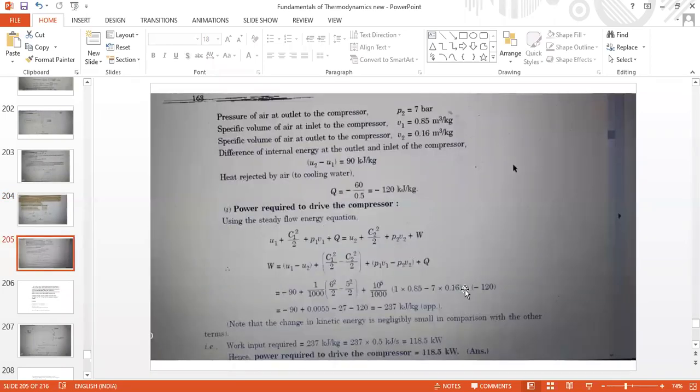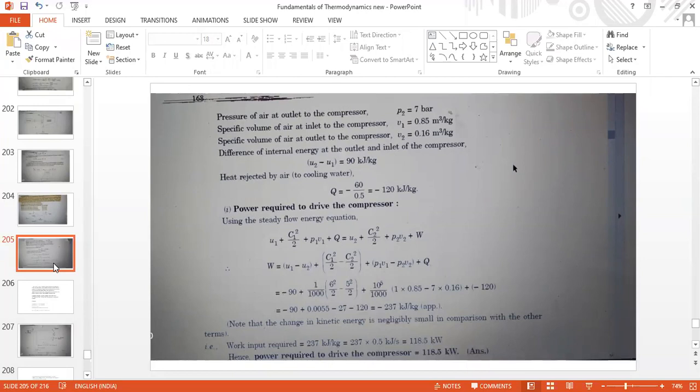So Q is 120. Because this is heat rejection, it is minus 120. So therefore, Q equal to minus 120. It is substituted. Now W is found out to be 237 kilojoule per kg. And when this is multiplied by 0.5, you get it in kilowatt. So in that way, the power required to drive the compressor is found out.